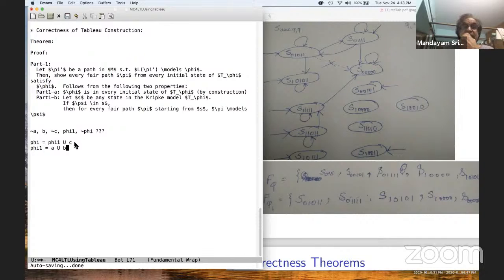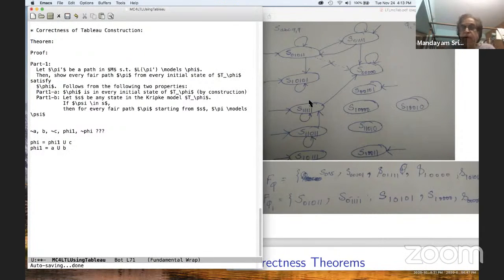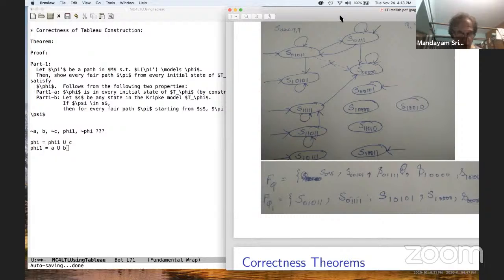Since C is not true, even though it might be true, it is preserving phi 1 is true. C may never eventually become true, in which case phi may not be true. So that is a possible state that I have, by mistake, not included.